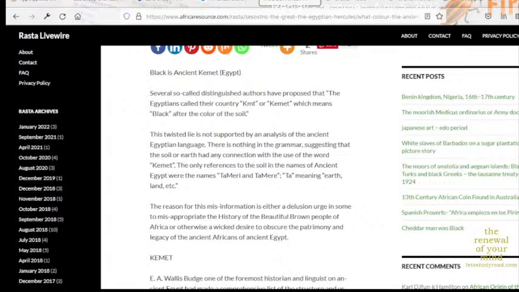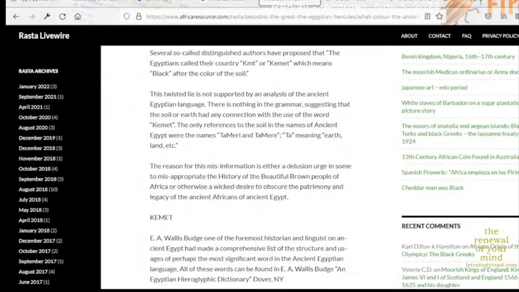Several so-called distinguished authors have proposed that the Egyptians called their country KMT, or Kemet, which means black, after the color of the soil. And this twisted lie is not supported by any analysis of the ancient Egyptian language. There is nothing in the grammar suggesting that the soil or the earth had any connection with the use of the word Kemet. The only references to the soil in ancient Egypt were the names Temeri and Temeri.